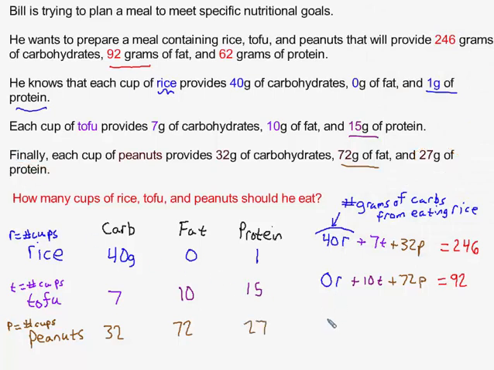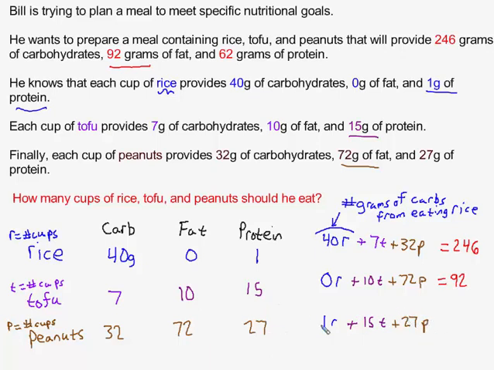So we have the rice gives 1 gram per cup times r cups. The tofu provides 15 grams of protein per cup times t cups. And in addition to those two foods, we have that the peanuts give 27 grams of protein per cup times p cups of peanuts.